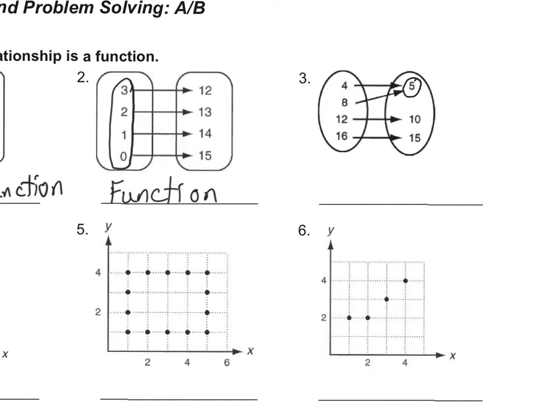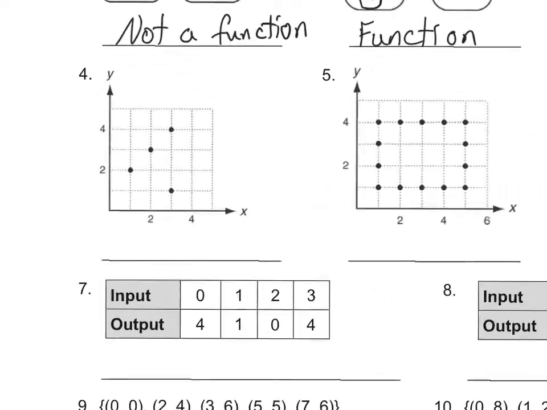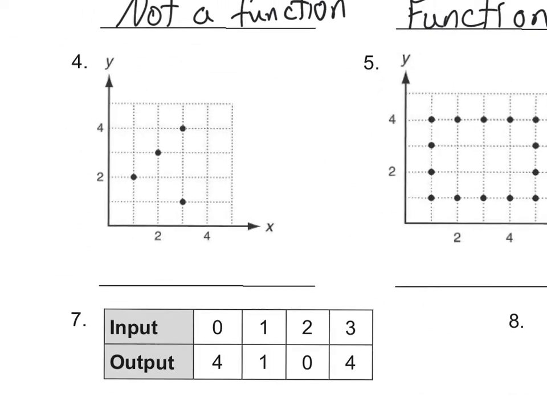That's okay, as long as it's not the same input value, the x value, giving us more than one output value or y value. So 4 only points at 5, 8 only points at 5. And that's okay, that still creates a function. Now again, what the rule is that establishes that function we don't need to worry about.